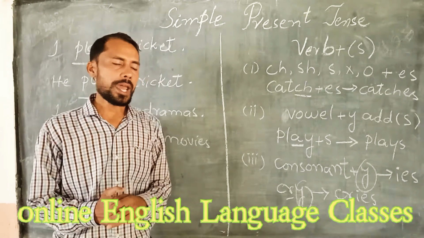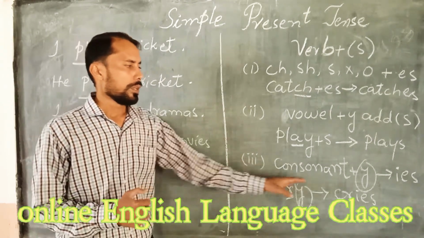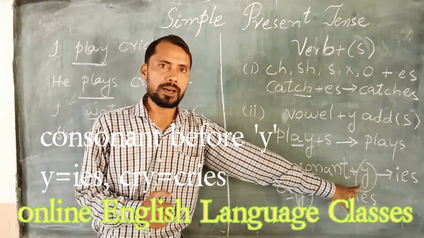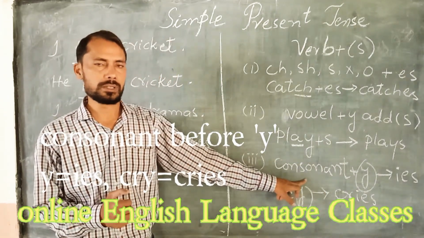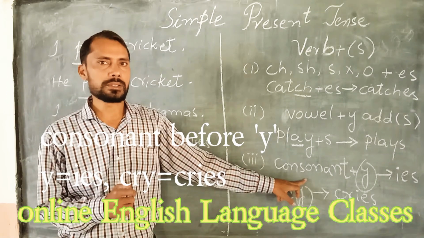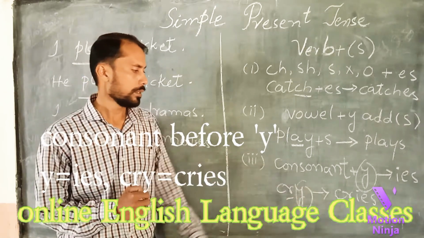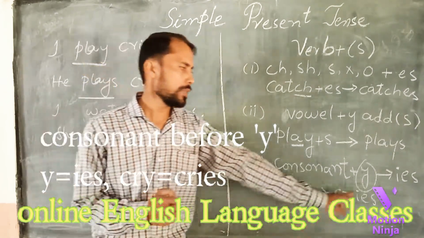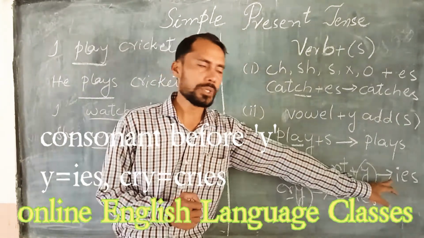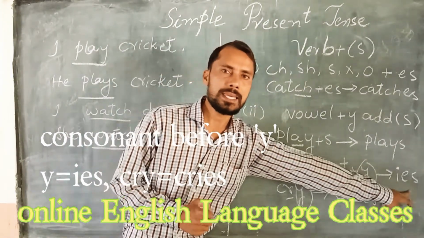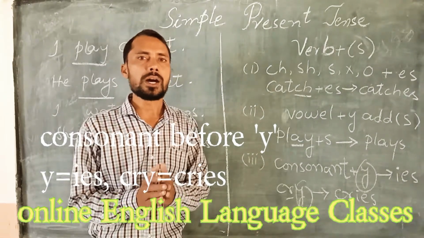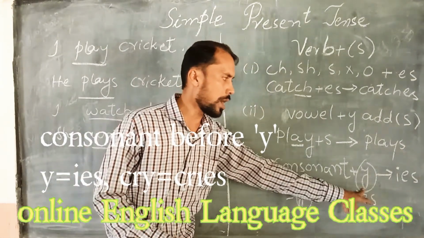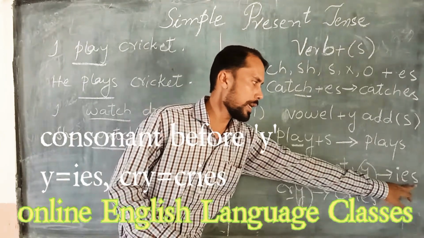And third, if your verb ends on letter Y, and there's a consonant letter before it, okay? So we change Y into I and then add ES. Or sometimes we say we change Y into IES.